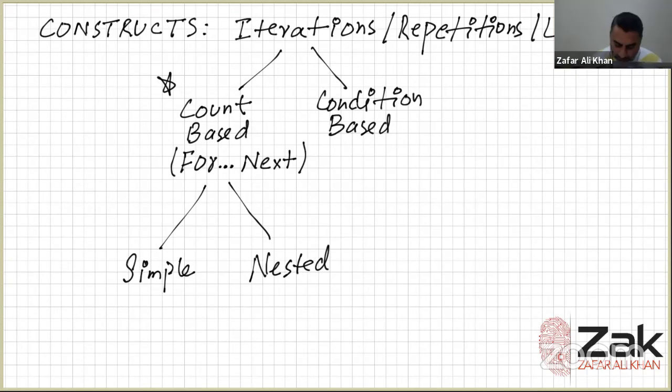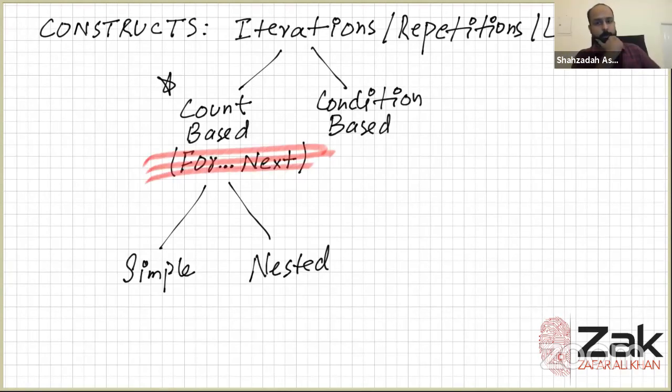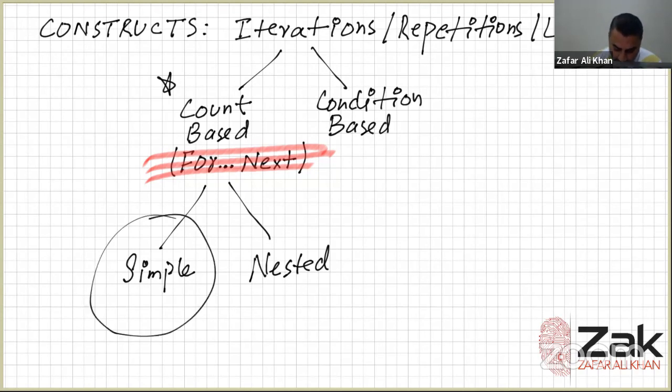We will talk about nested later. So let's talk about count based loops, which are simple count based loops. And remember that count based loops are always done with for next. We will talk about other constructs, other types of loops, later. Today our focus is mainly simple and nested count based loops.